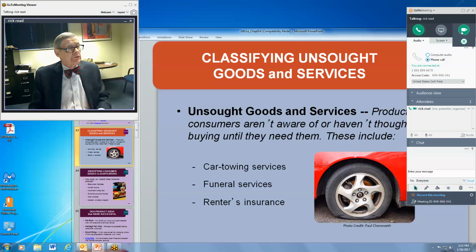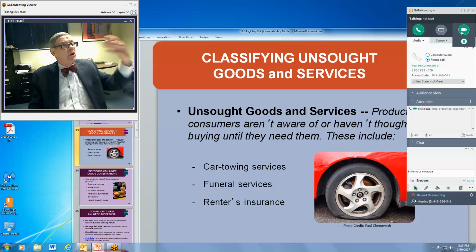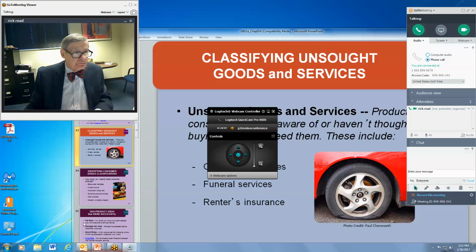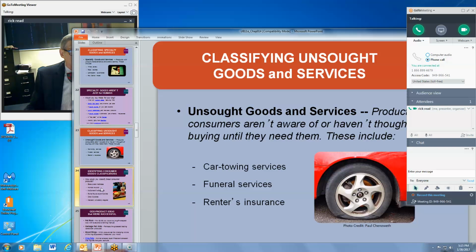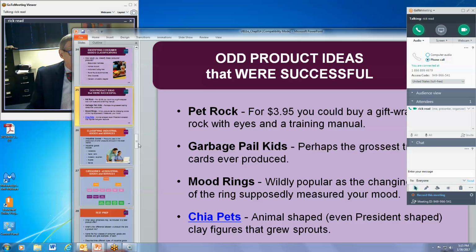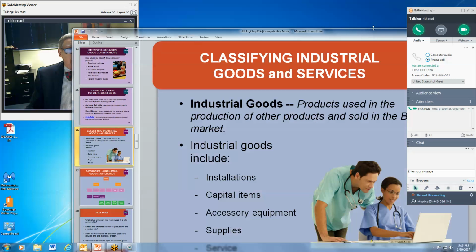It is calling a tow truck because our car broke down, or I need to have a flat tire changed and I don't have a spare. So we don't even think about this. This isn't even on our radar screen. Well, we're not going to go through that, and we're not going to go through that, but we will go here.